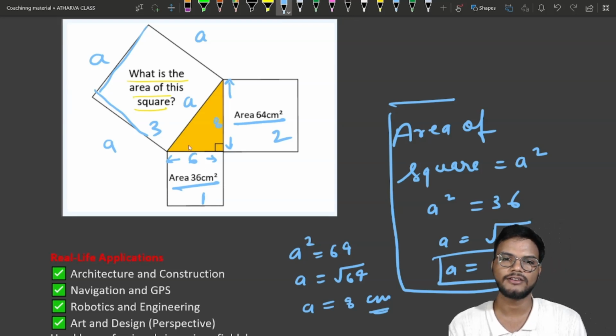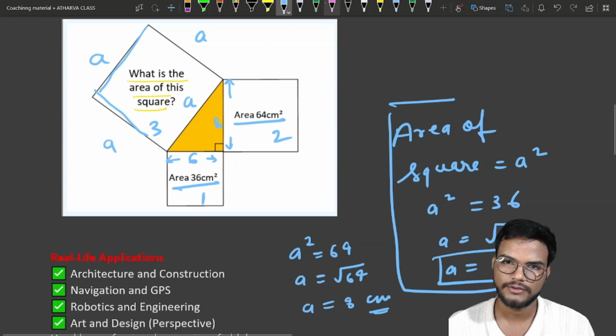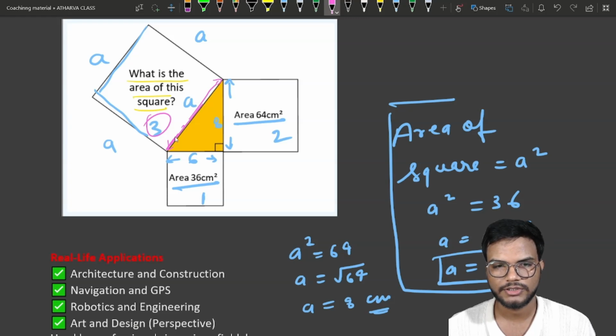Now again we need to find this hypotenuse, right? Why? Because this hypotenuse is the side of the third square, whose area we need to find.